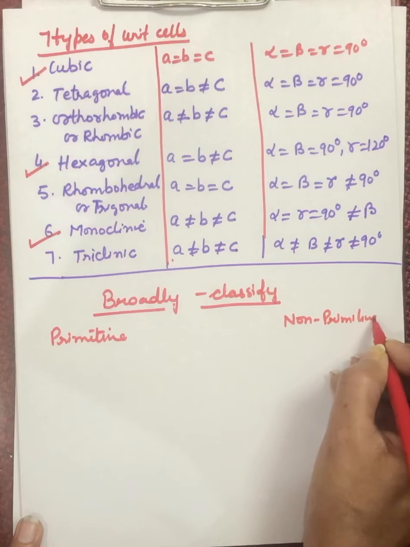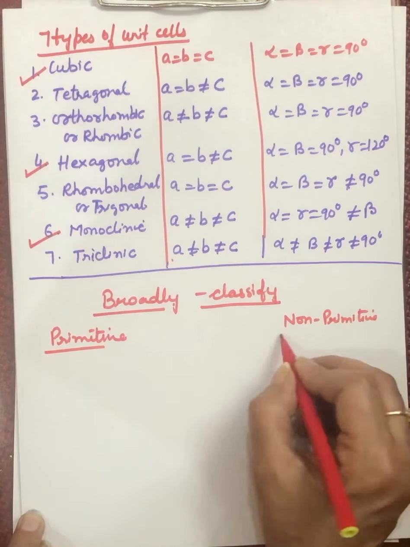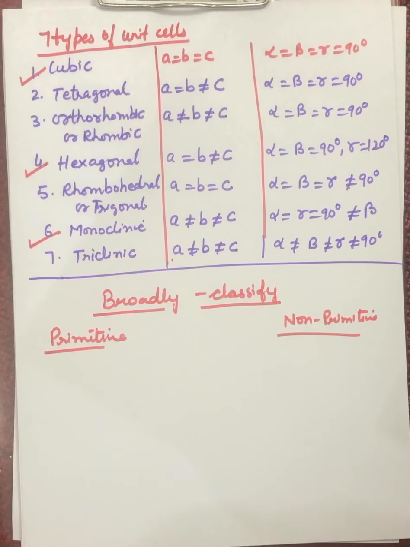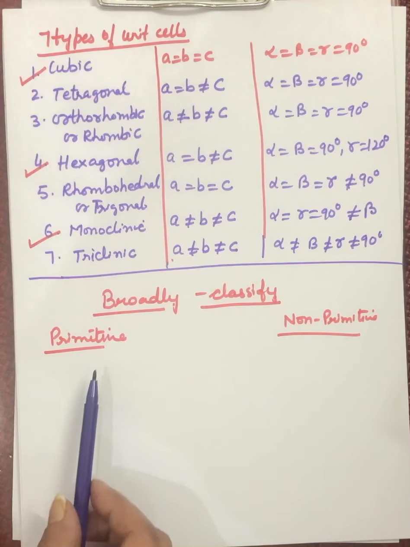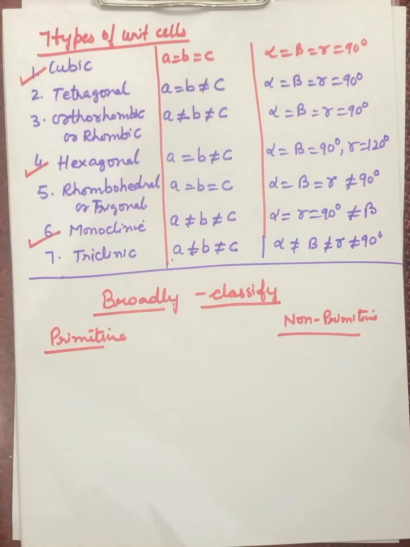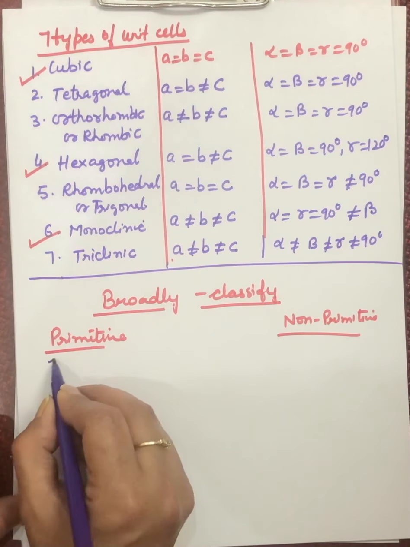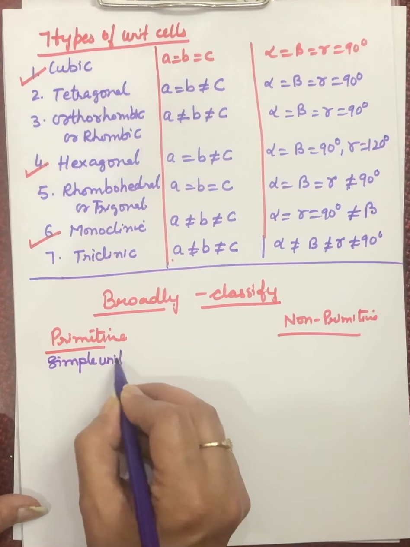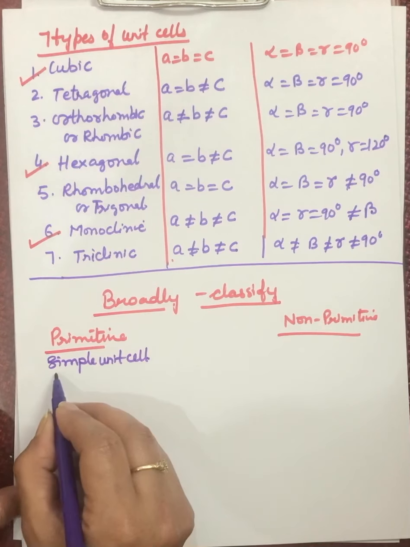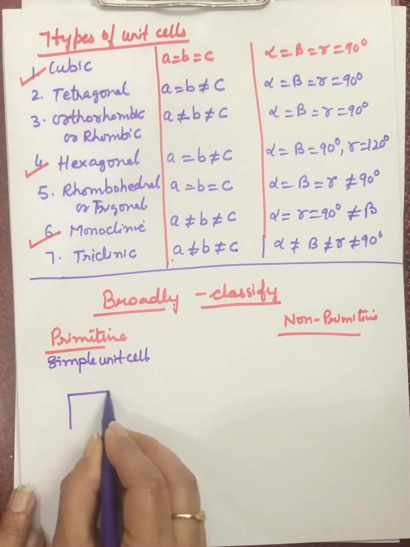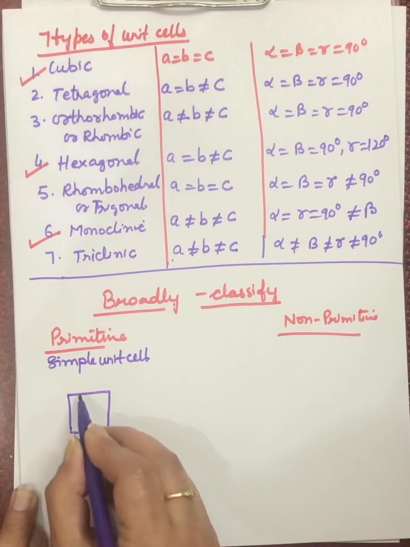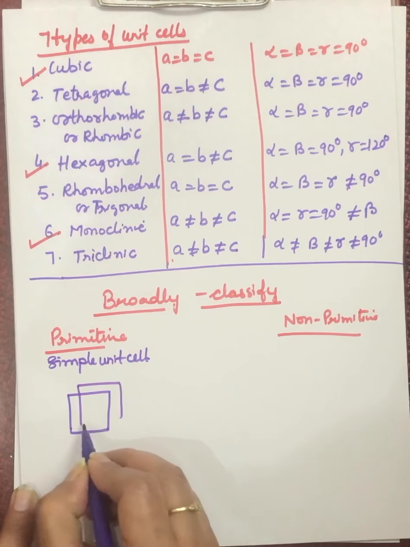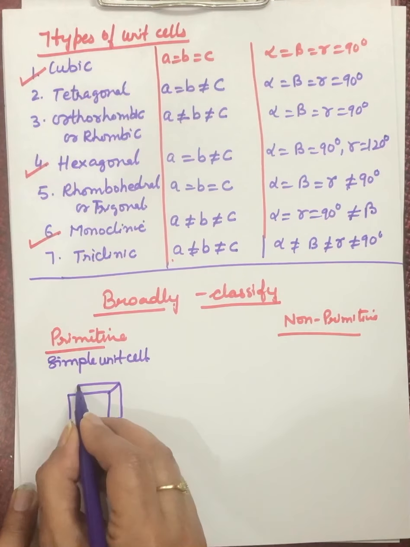Now this classification is based on where particles are present in a unit cell. So based on position of particles, broadly we have 2 type of unit cells: primitive and non-primitive. Primitive unit cell is also called simple unit cell. Now what is a simple unit cell? When we are drawing a unit cell, we are taking a cube always because it's easy for us to draw.